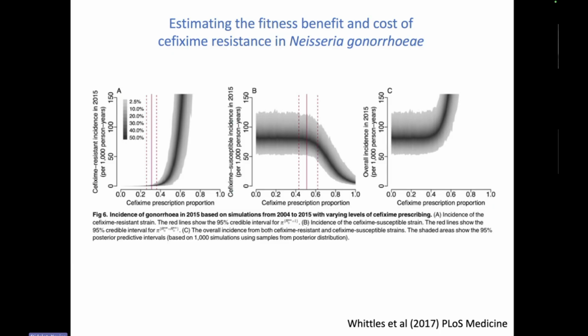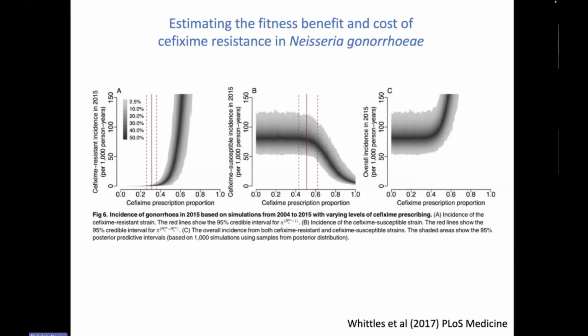And so if we look at each of these diagrams, on the x-axis we have the percentage of prescription, or the proportion of individuals with gonorrhea who we will be giving cefixime to. As long as we keep that around 20 to 30%, we estimate that the number of cefixime resistant strains you see will not rise dramatically, and the overall incidence of gonorrhea is not going to increase dramatically either, and you won't see a decrease in the susceptible because the resistant one doesn't become very successful.